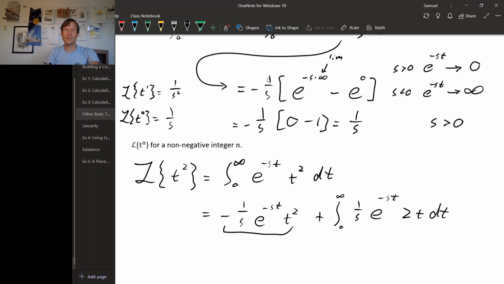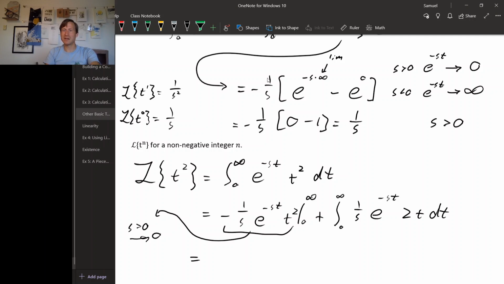Now this first piece, from 0 to infinity, if s is bigger than 0, which is usually the case, this first term is 0. So I'll let you work through L'Hopital's rule on your own for that one.